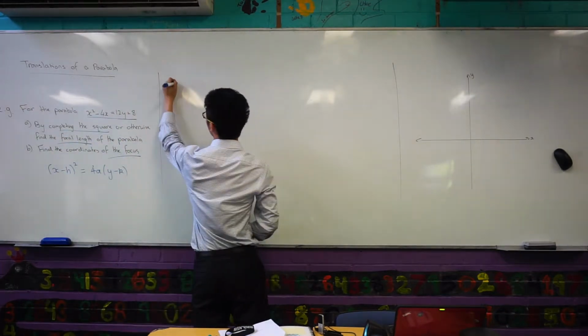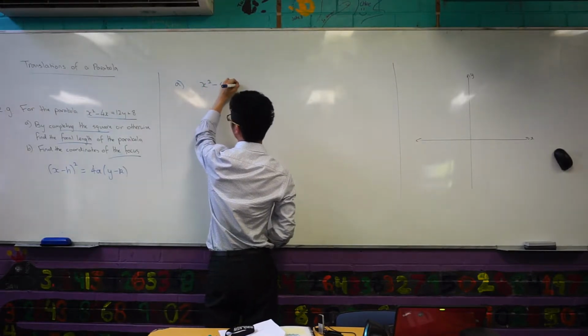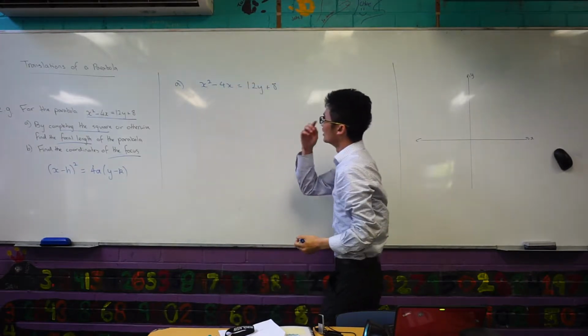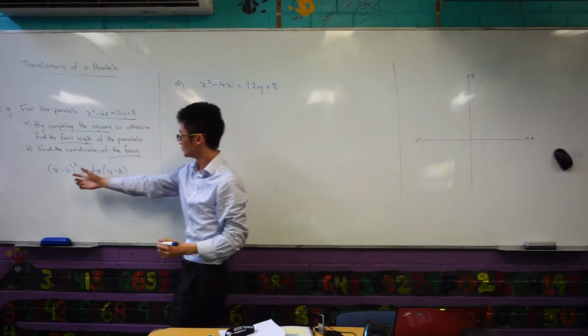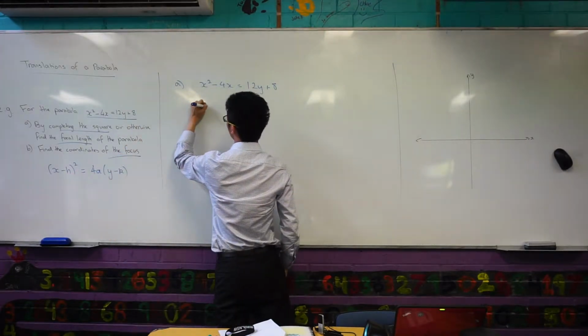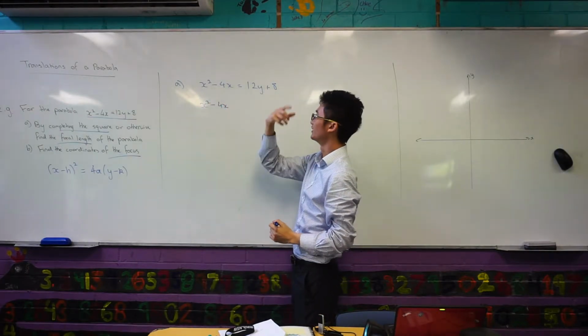So all I'm going to do for part A is take my equation of a parabola, x squared minus 4x equals 12y plus 8. And then, remember, when I complete the square, I'm going to get a perfect square for that quadratic over there. So all I do is I take my single power coefficient and I halve it and then I square it.